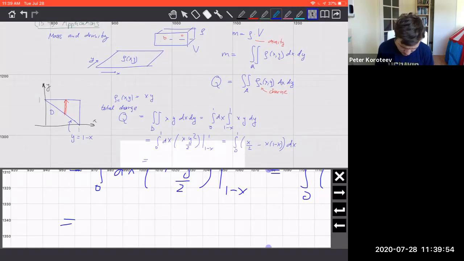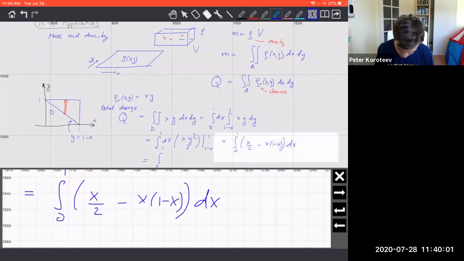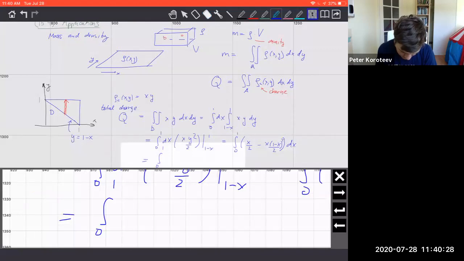I think I forgot the square, guys. I'm sorry. There's a square here, because it's y squared. And there's a 1/2 also. So we can take out 1/2 here.